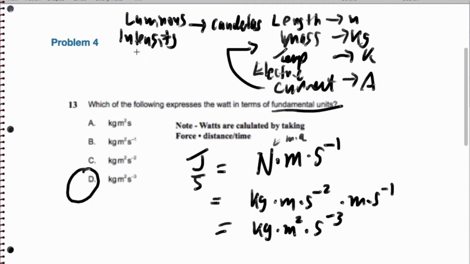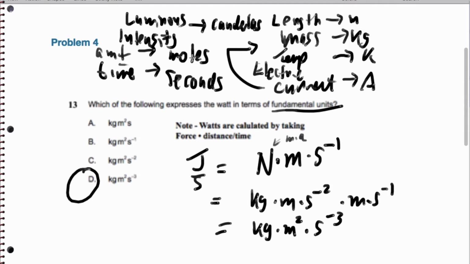We have amount measured in moles, right? So number of particles measured in moles. And we have time measured in seconds. So those are our fundamental units, and whenever we say fundamental units, it needs to be one of these 7.